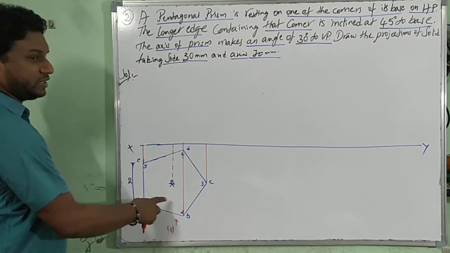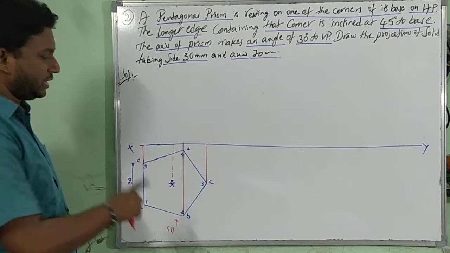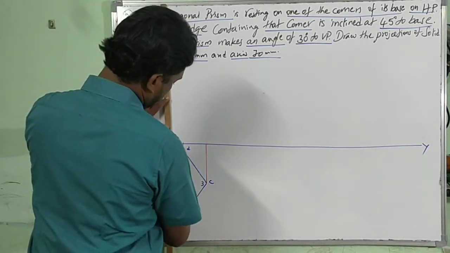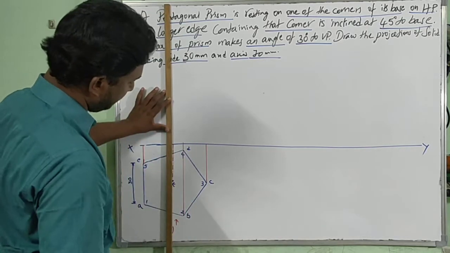Its O is separate, it's not coinciding with any of the vertical edges, so you have to draw the axis line separately. See, drawing the axis line separately.